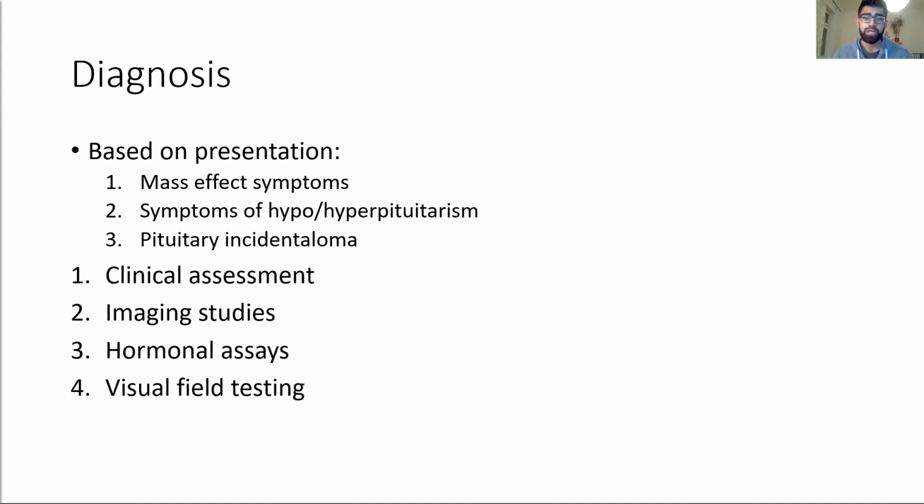Characteristic finding, if there are visual symptoms, would be bitemporal hemianopsia. So this means loss of vision in the temporal fields, so the lateral halves of the visual fields in both eyes, because the tracts from the bitemporal fields cross close to the area where the pituitary gland, or the stalk of the pituitary gland, sits in the midline.